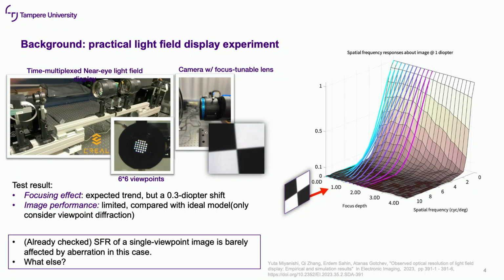We suspect that the practical aberration of our test setup might be one of the sources of these errors. It's worth noting that in our case, the SFR of a single viewpoint image seemed barely affected by the aberration. This leads us to wonder what else would be influencing the result. This study continues from here.